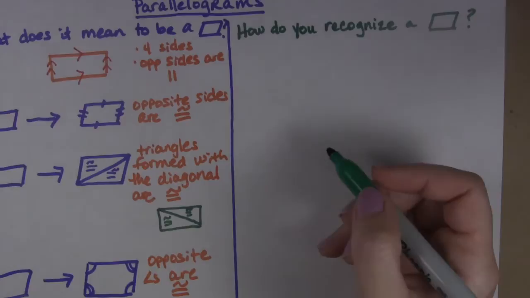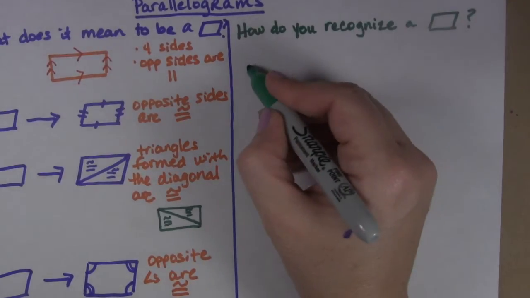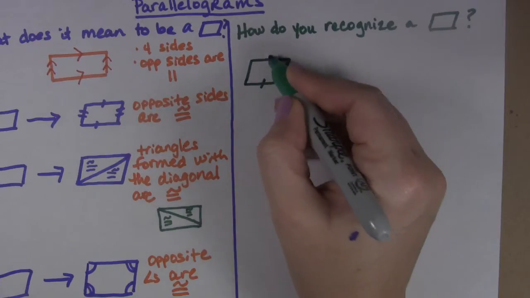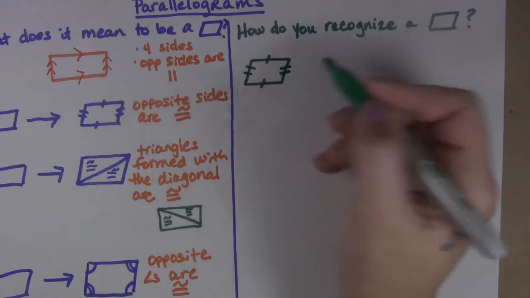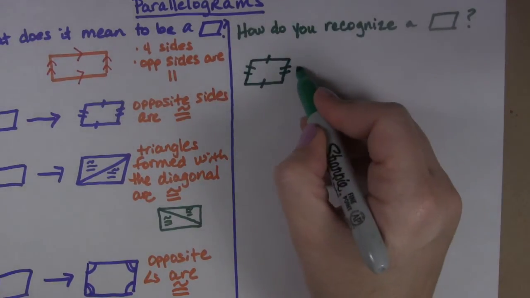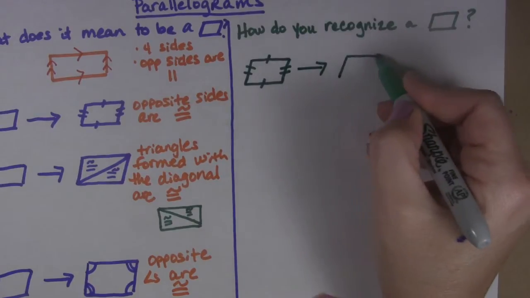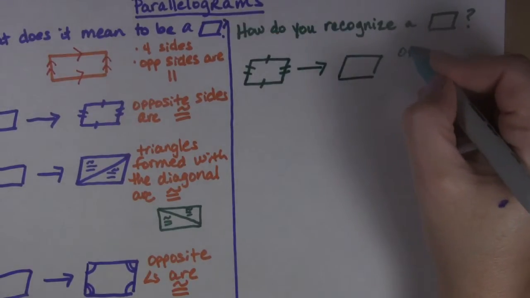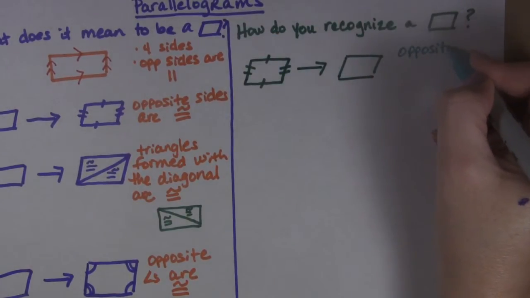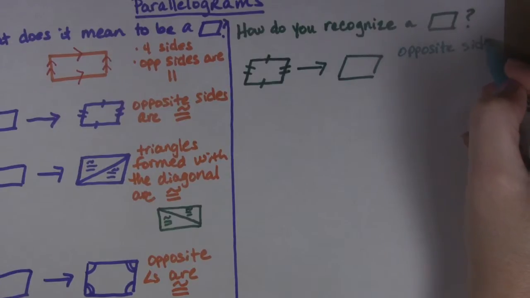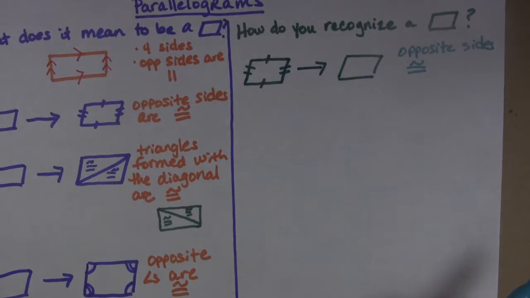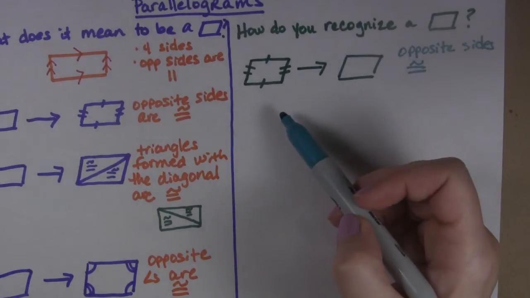So the first one is that if you have opposite sides that are congruent, that means that you have a parallelogram. So we will say, if the opposite sides are congruent, then we know that we have a parallelogram.